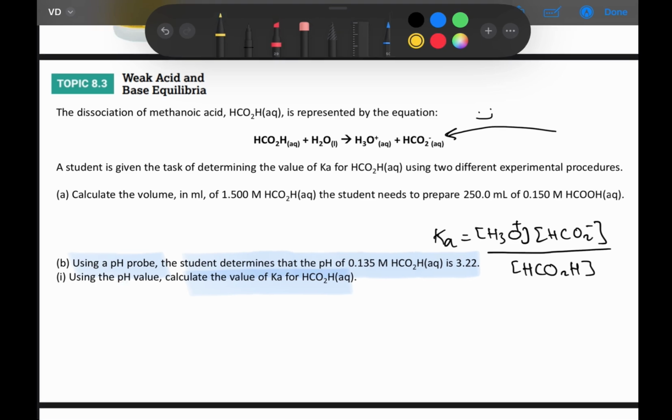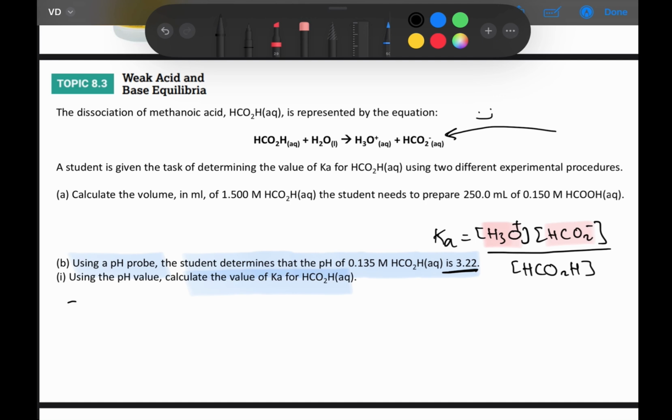So how can we do that? First of all, in order to calculate the concentration of H3O+ and HCO2-, since they are equal, we need to calculate the concentration of hydronium ion from the value of the pH.